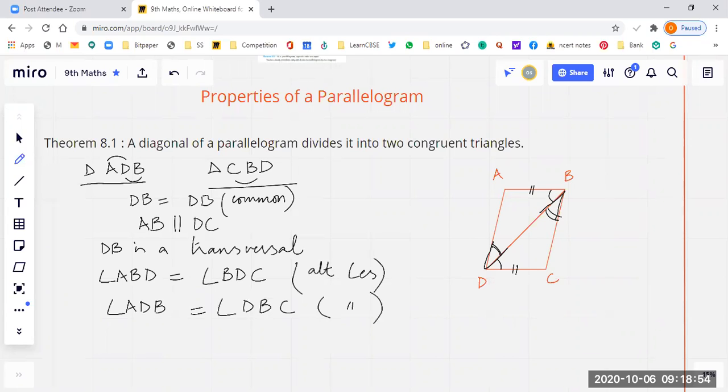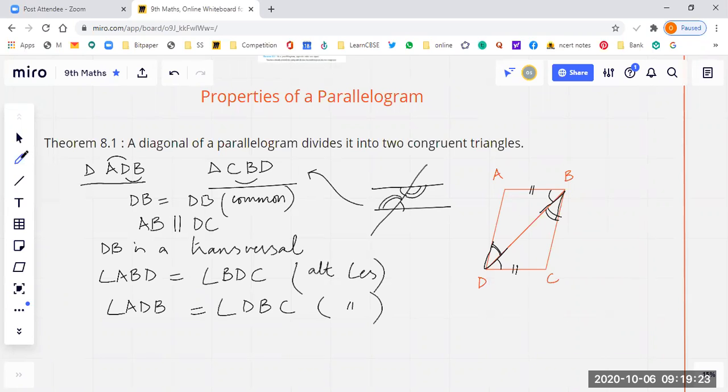Very simple. If these are two lines, students, and this line is cutting them, so this angle and this angle are alternate angles. At the same time, this bigger angle and this bigger angle are two pairs of interior alternate angles, right? So these are equal. Now, what is the criteria that comes to my mind to make sure that these triangles are congruent?